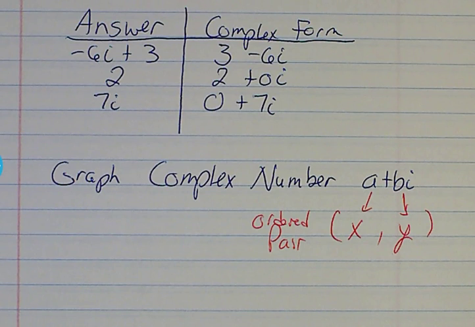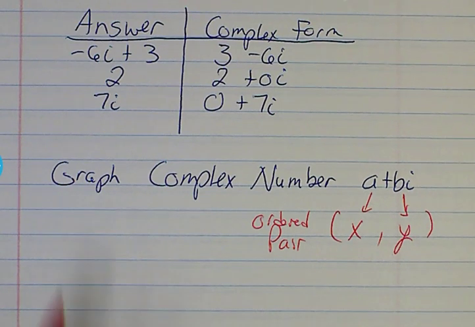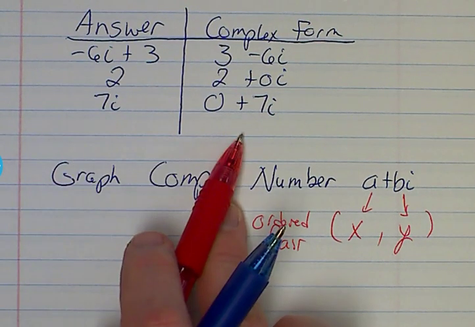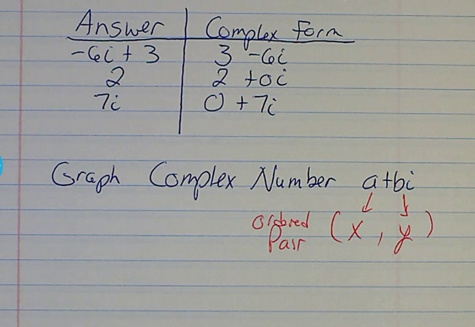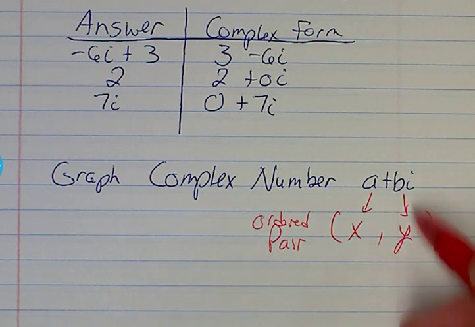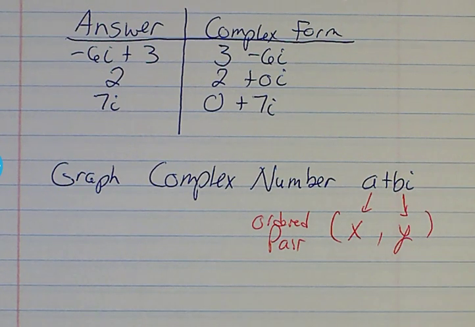That's the whole reason they have you rewrite it this way: if you have to graph complex numbers, the real part is always the x value, and the number with the i part will always be the y value.